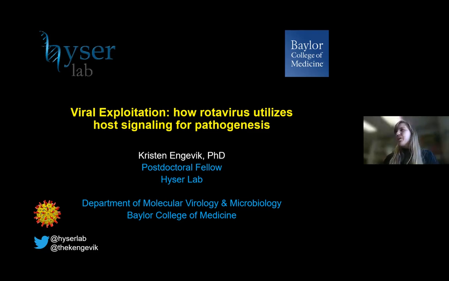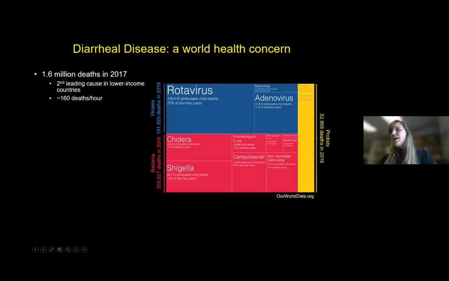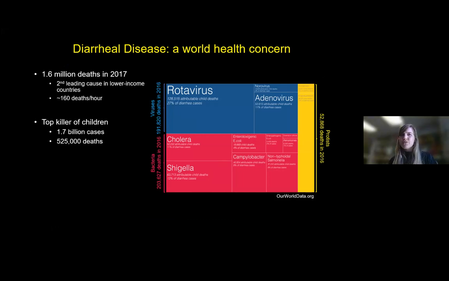So, as already mentioned, diarrheal diseases still remain a very serious problem worldwide and are among the leading causes of death. And this is especially true within children, where diarrheal diseases can cause about 2 billion cases and result in 500,000 deaths each year.